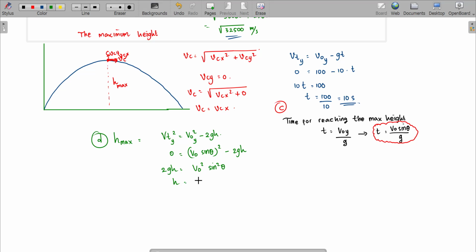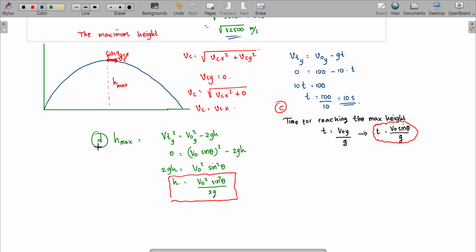So h will be V0 square sin theta square divided by 2g. Okay, this is the formula for h maximum. For maximum height, you can use this formula.